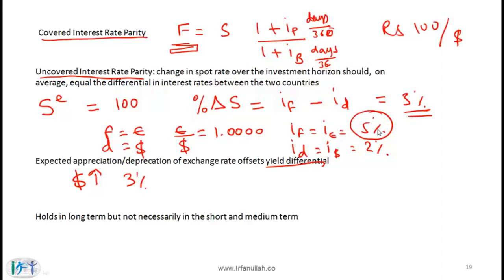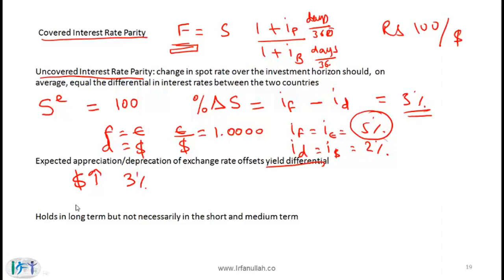But since the euro will weaken, or we can say the dollar will strengthen, in dollar terms his return is going to be less. In dollar terms, it will essentially boil down to 2%. So effectively, the expected appreciation offsets the yield differential.